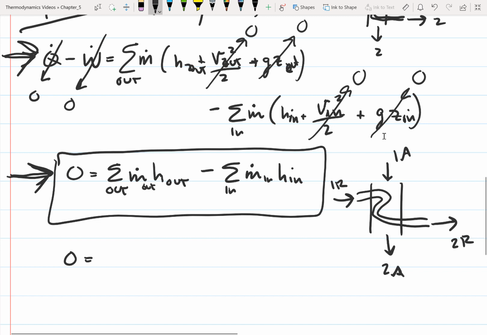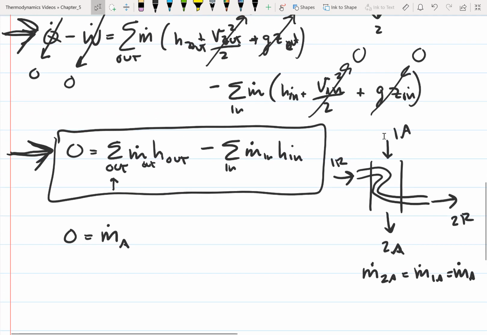So now let's go ahead and expand these summations for our specific problem. We know that we have 2 outlets. Our first outlet is MA, and remember that M2A is equal to M1A, and I'm just going to call this MA, because we're assuming this is steady flow.